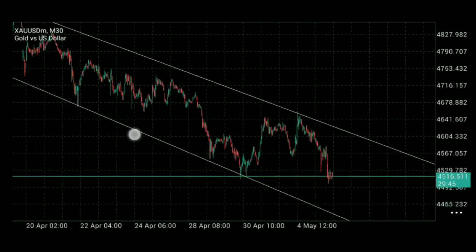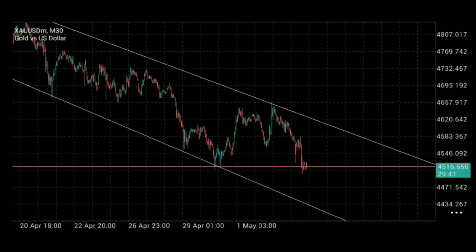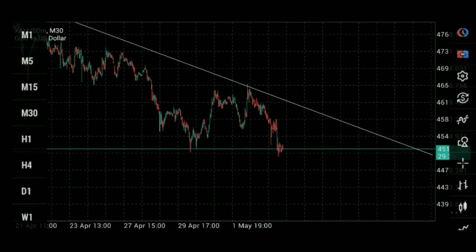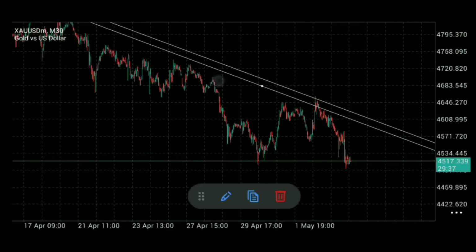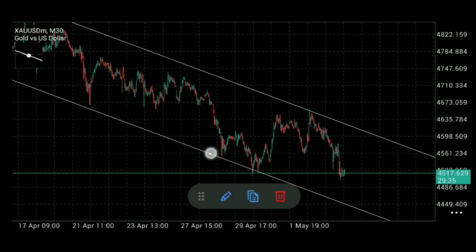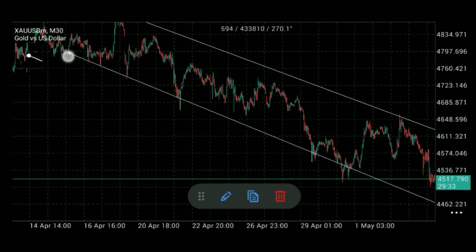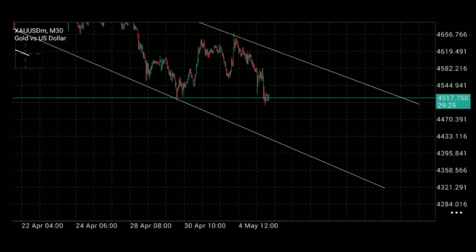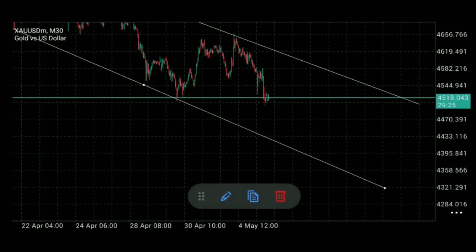So what I'm going to be waiting for it to do now, when it comes down here, when this candle touches this, I've deleted this. My hand clicked delete. Now, let me draw it. Once this candle comes and touches here, we would have sold, meaning that it's going to come up.